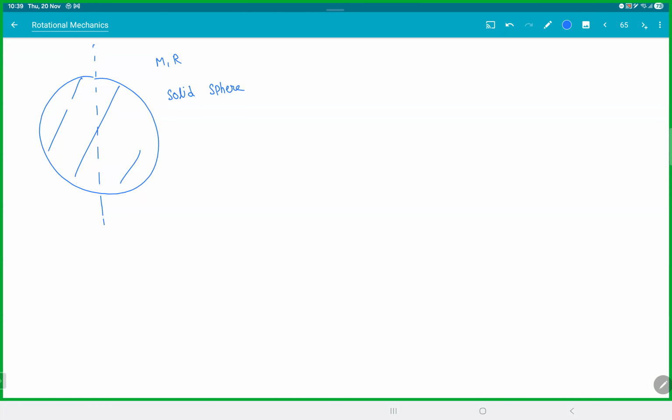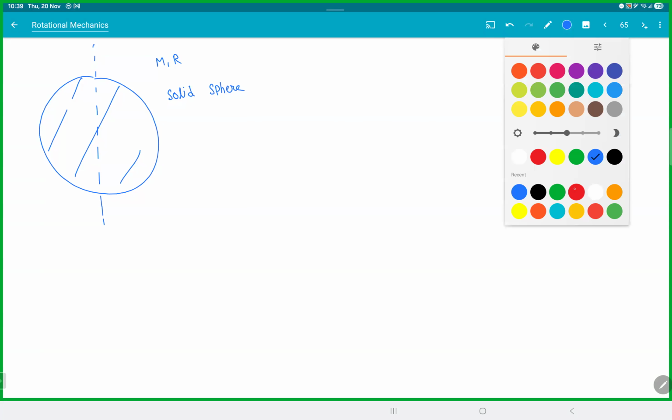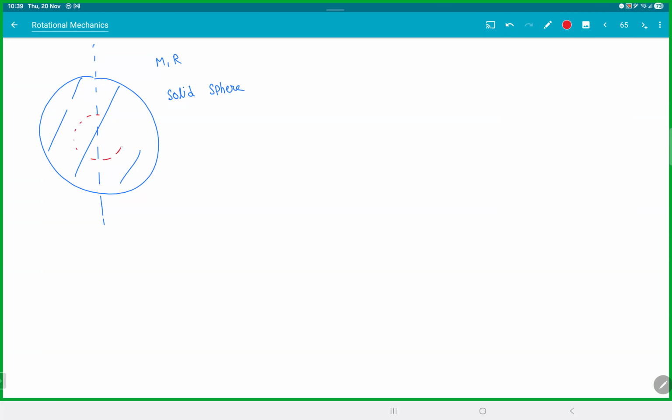Let's see. So we consider a hollow shell. Thin shell, radius r, thickness dr. So what will be the volume of the shell?